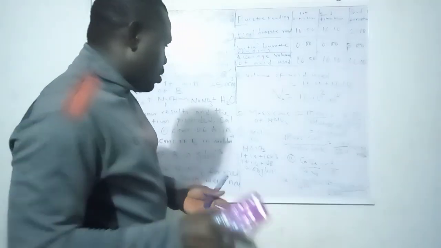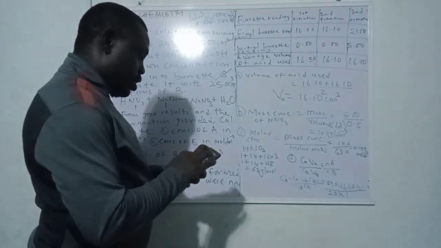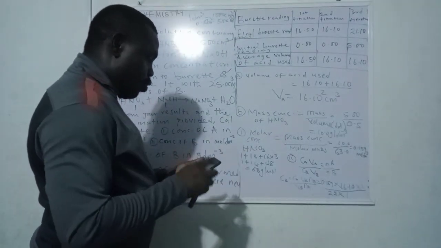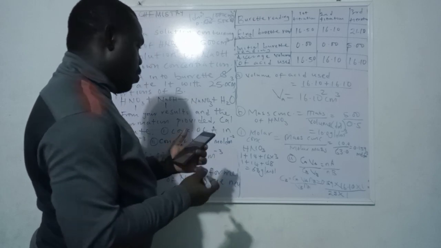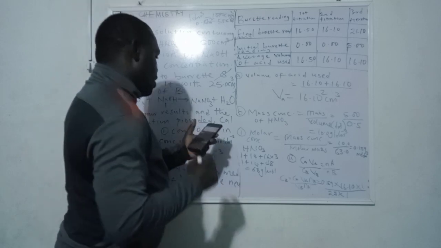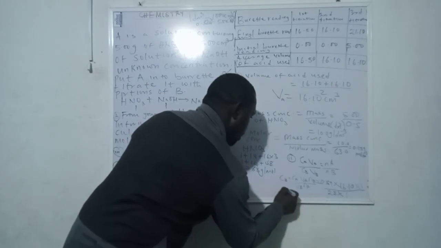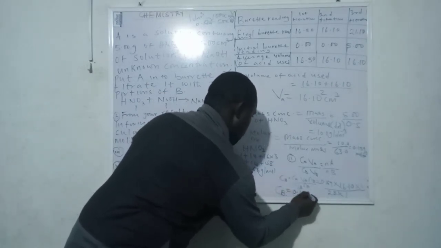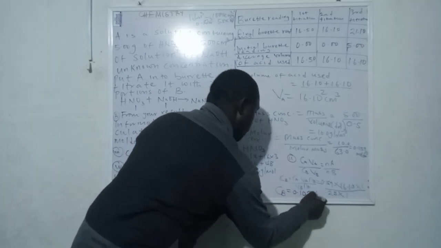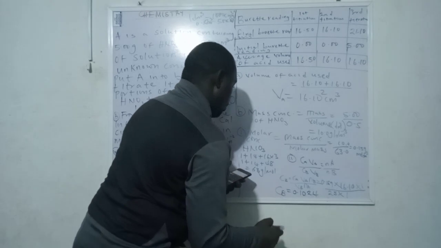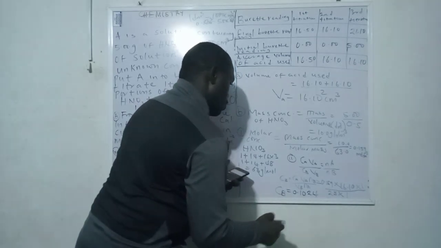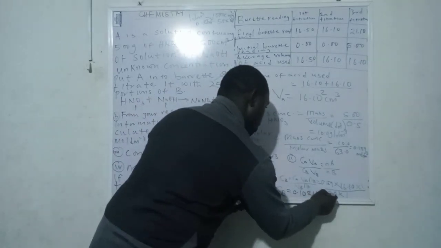Now, as you punch your calculator, please, you will not be allowed to come to the exam with something like this. So by the time you punch your calculator, what I'm having here is 0.1024 mole per dm³.